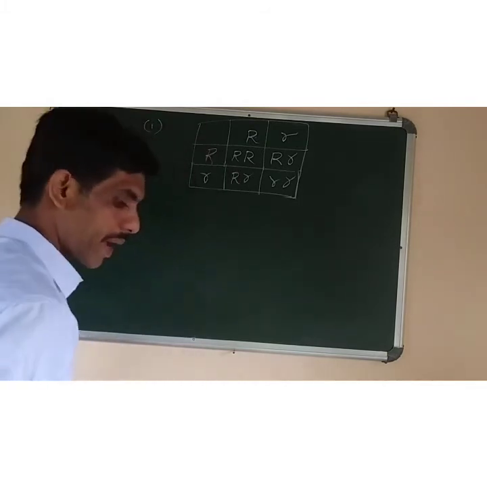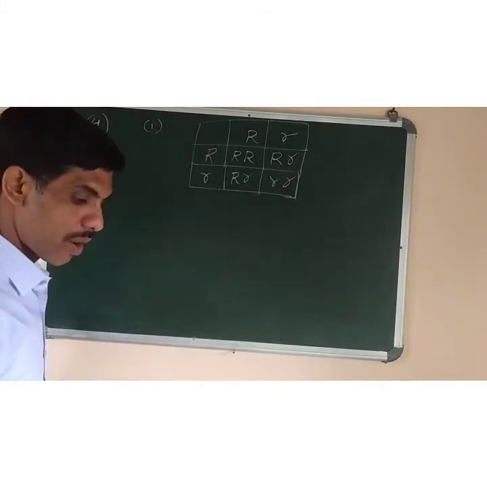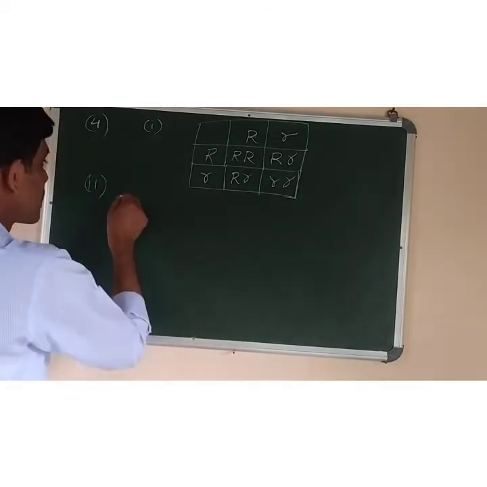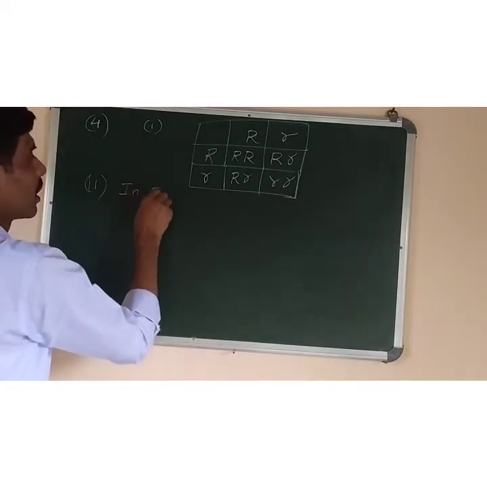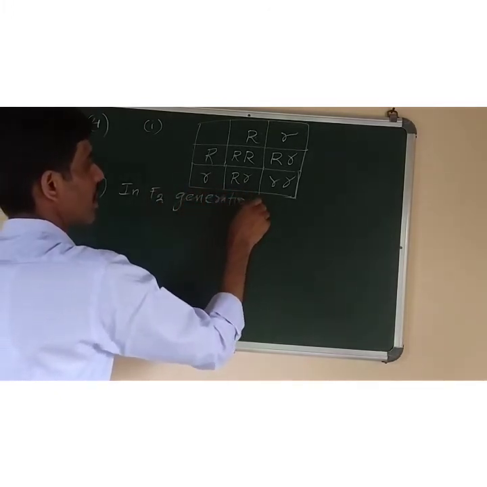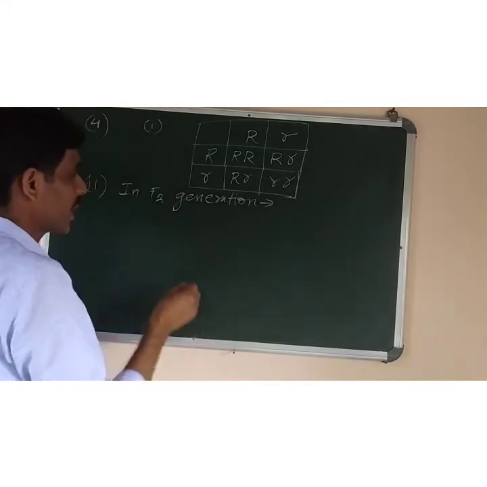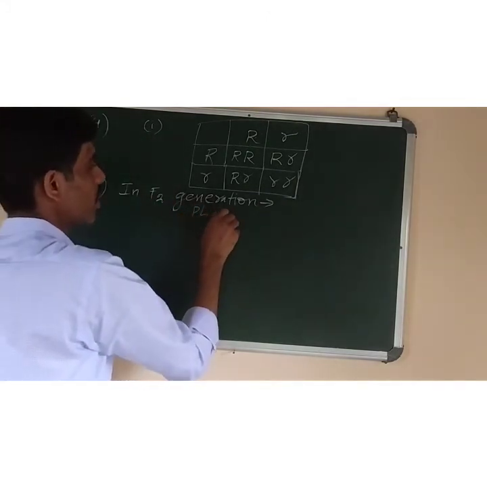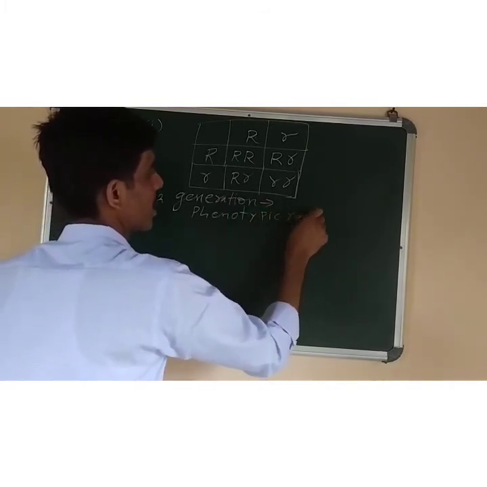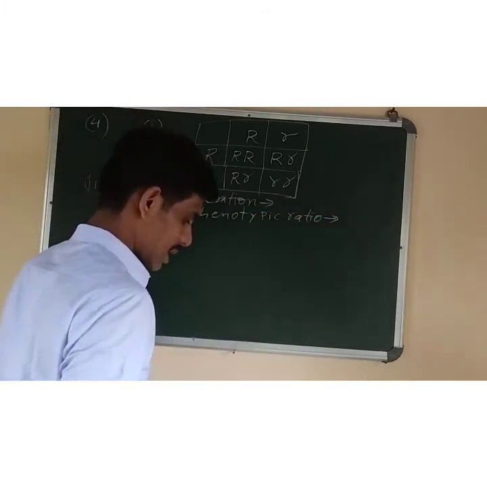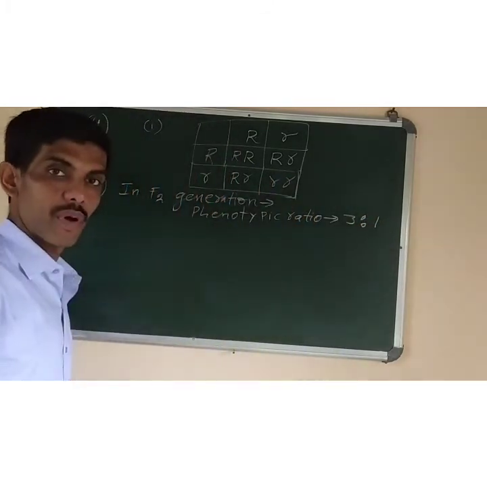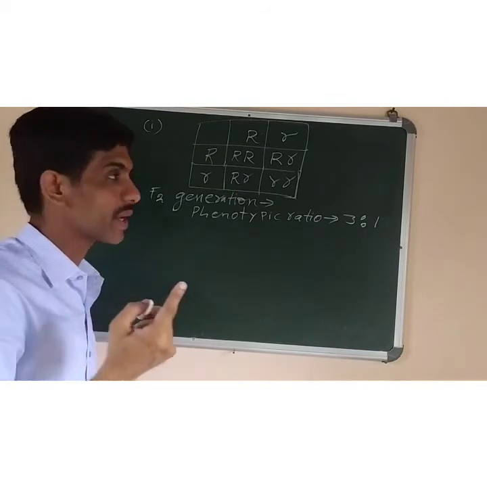Mention the phenotype and genotype ratios of offsprings in F2 generation. So in the F2 generation, what we have to write? We have to write the phenotypic ratio. Phenotypic ratio is 3:1 because it is a monohybrid cross, means only one character is there.